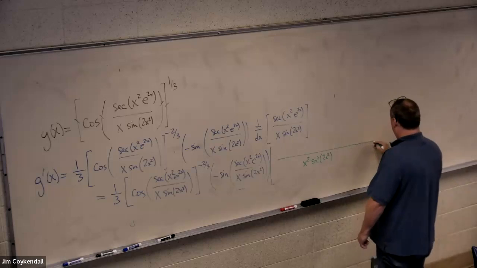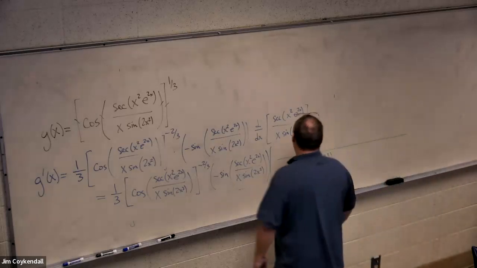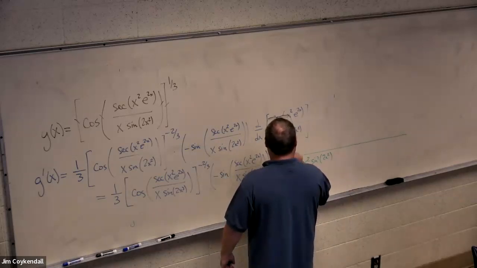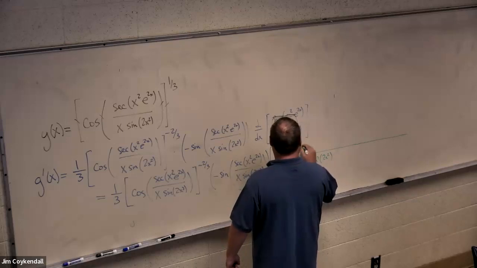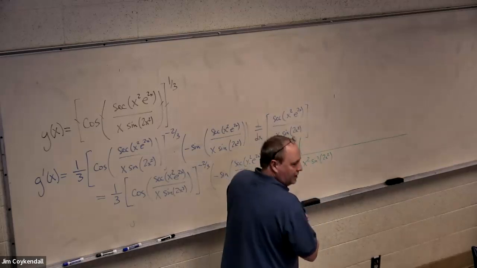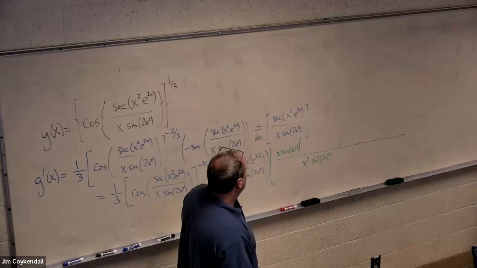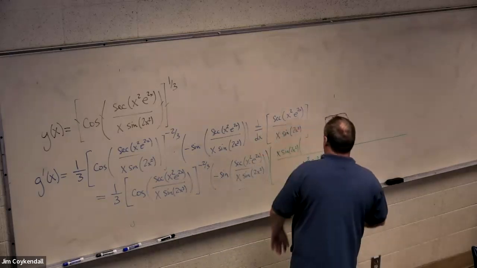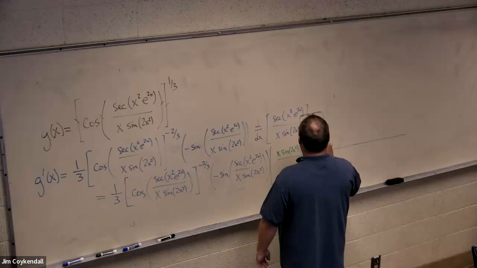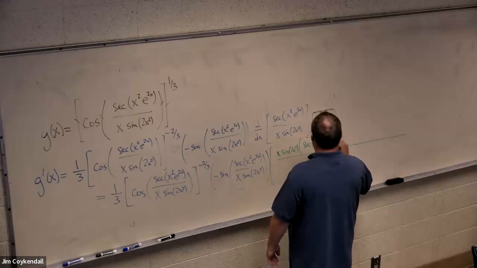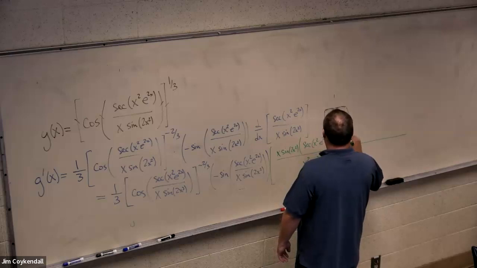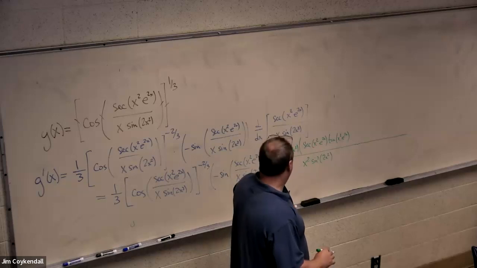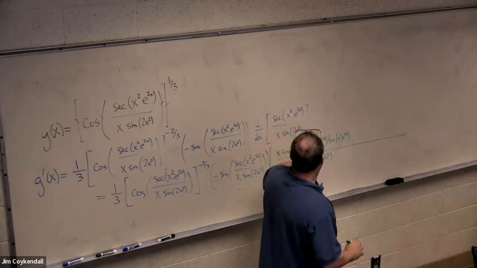Numerator: all right, so the bottom comes through the top. Nothing to see, since it's the same inside. Right, exactly. Secant block is block, right?